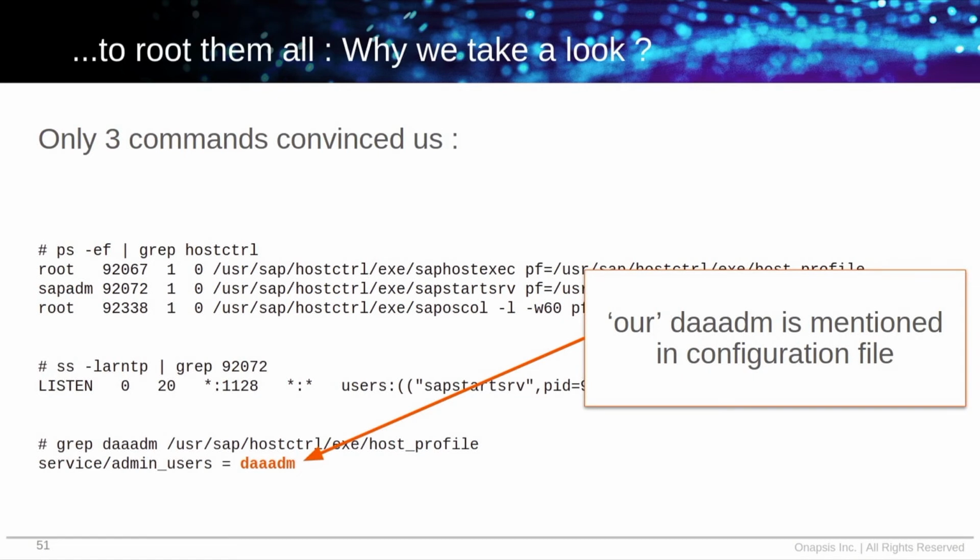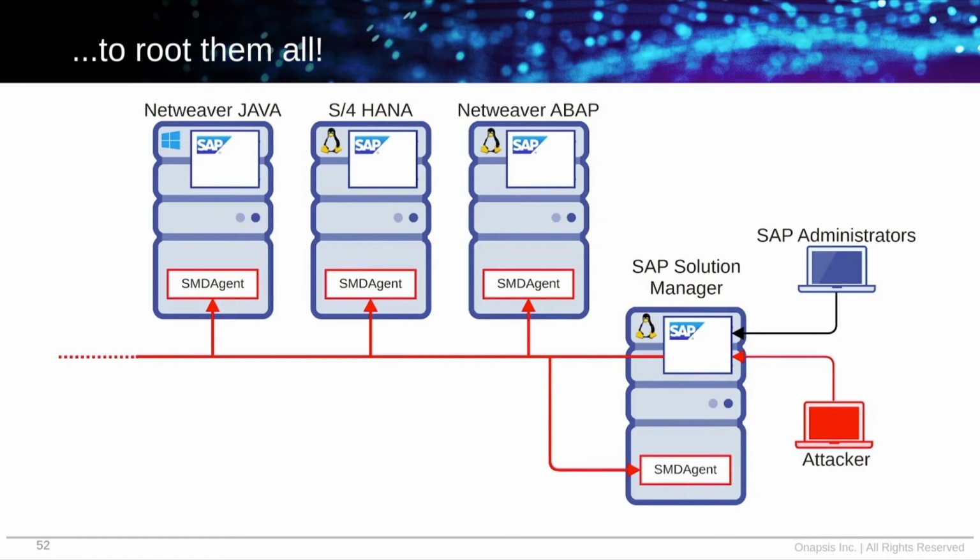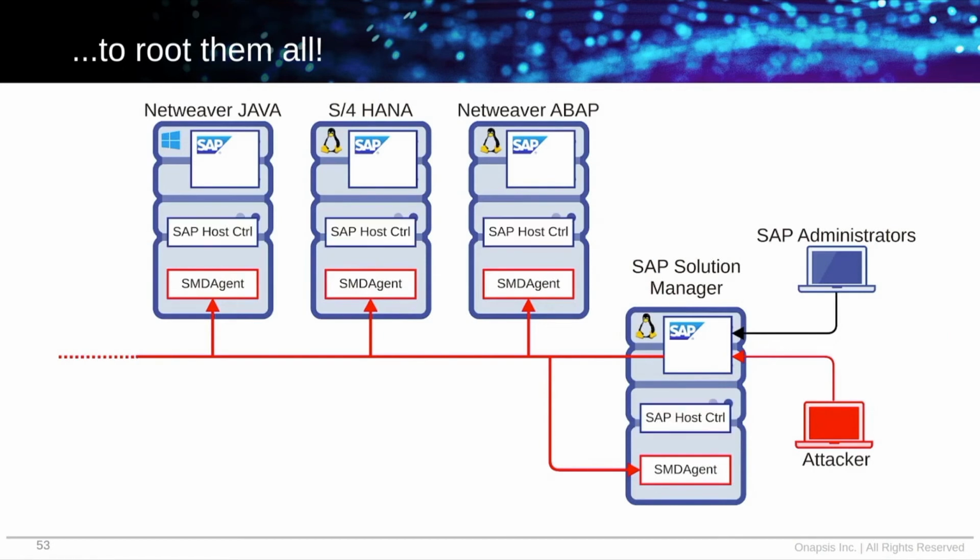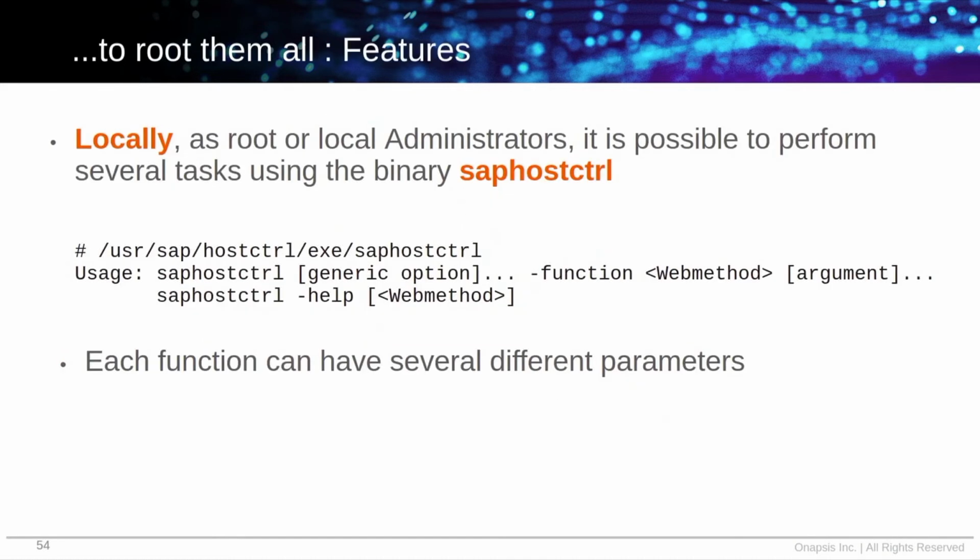So the next step is to try to understand how we can communicate with the SAP host agent using the ADM user access. Okay, normally, locally, the administrator can use the binary SAP host control to call the functions of the SAP host agent.